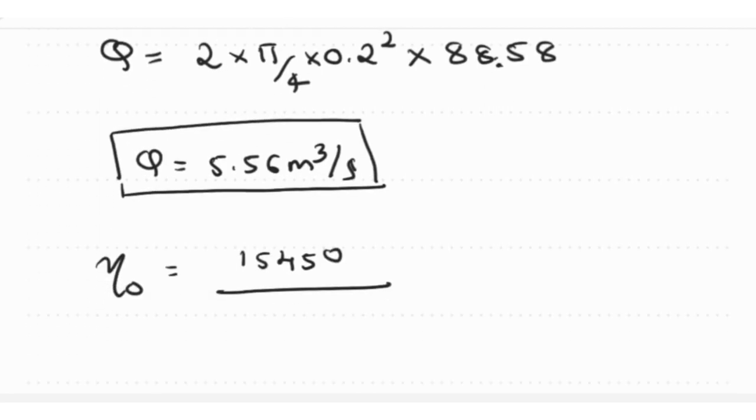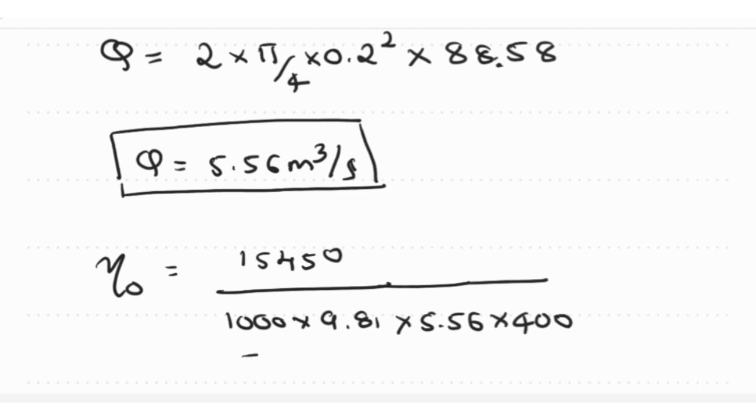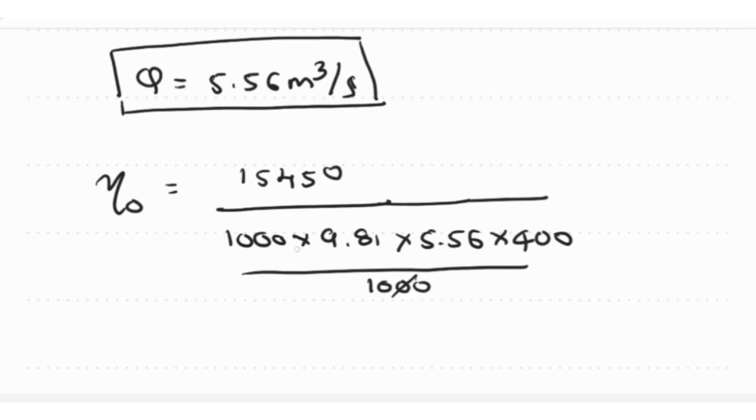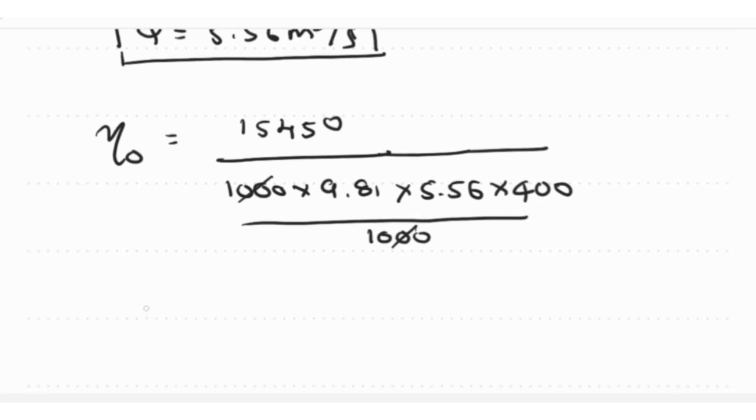Rho is 1000, g is 9.81, Q is 5.56, H is 400, divided by 1000. Here this 1000 and this 1000 get cancelled. Solving it, we get overall efficiency eta naught is equal to 70.81 percent.